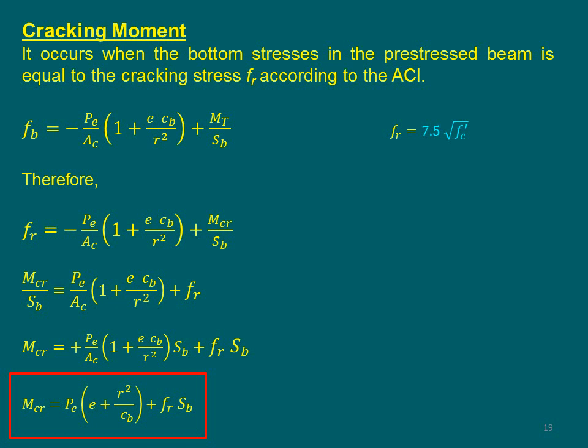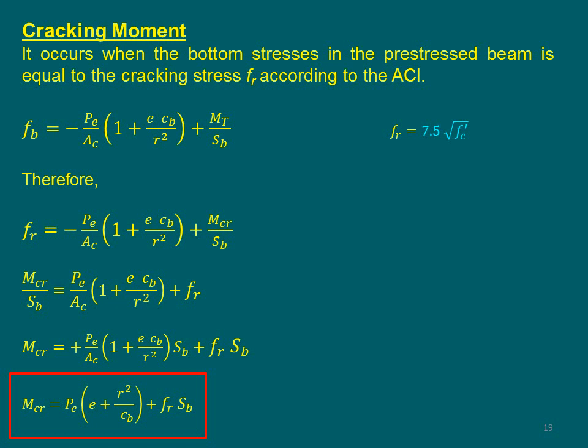And the stress in this equation is going to be equal to F sub R, which is 7.5 square root of F prime C. So this moment is going to cause the stress to equal 7.5 square root of F prime C. I'm going to call it the cracking moment. So instead of MT, I'm going to replace it with M cracking.